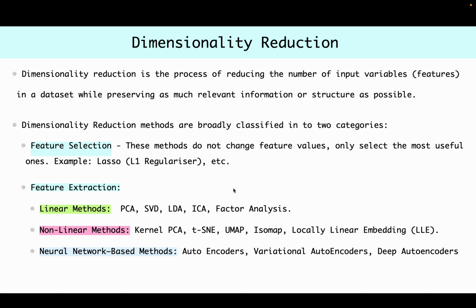In neural network based, we have the famous autoencoders, variational autoencoders, and deep autoencoders. In this video, we will be particularly focusing on PCA based dimensionality reduction. We will also see how SVD is very close to PCA and how PCA can be implemented using SVD.